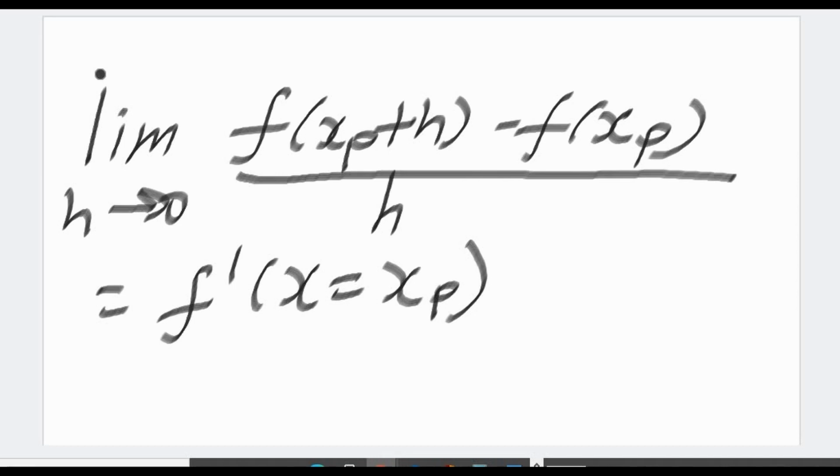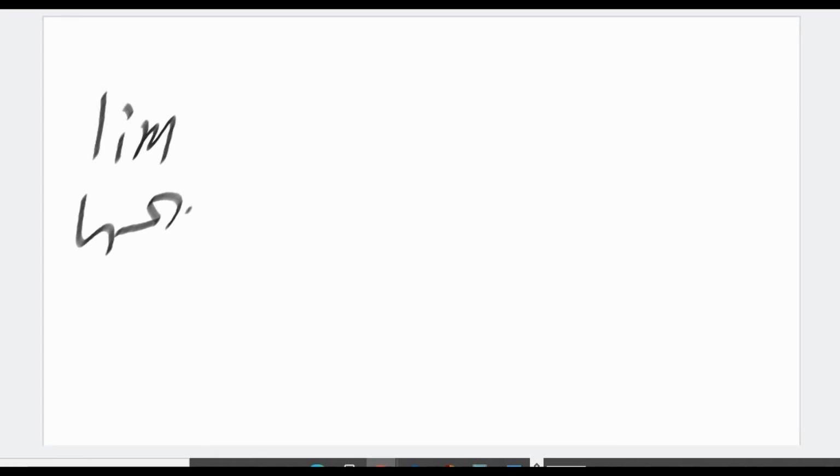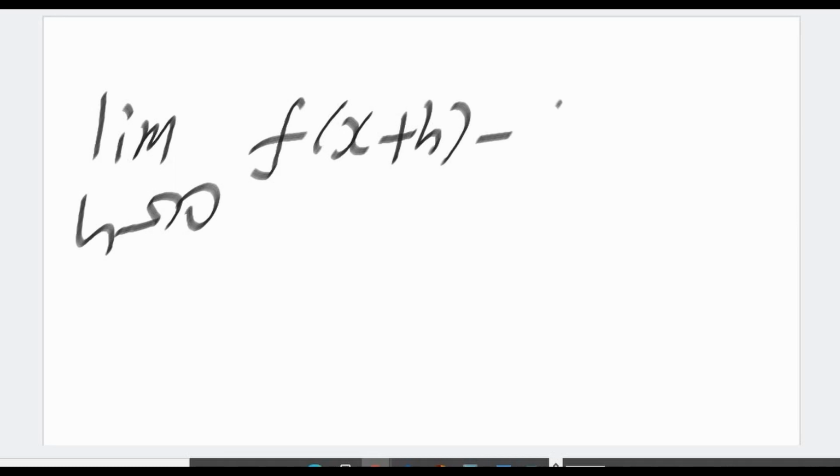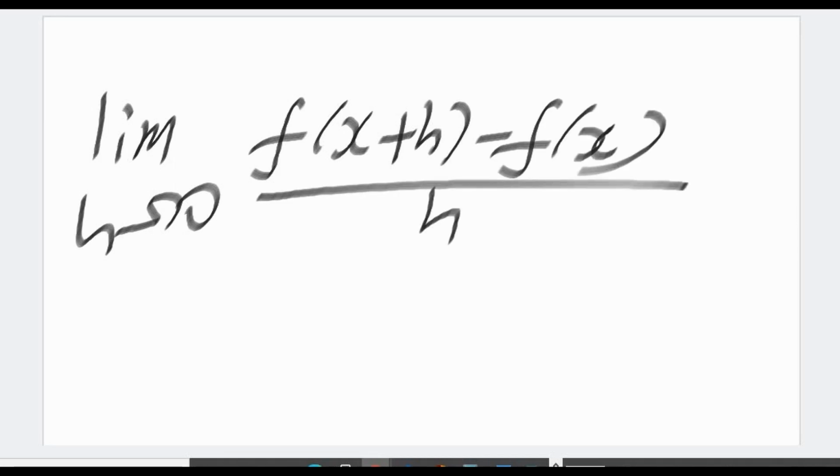Because I've chosen the point P randomly, I can remove P for simplicity. Now this reduces to limit h goes to 0, f of x plus h minus f of x, over h. And this equals the rate of change of the function f of x, or the derivative of f.